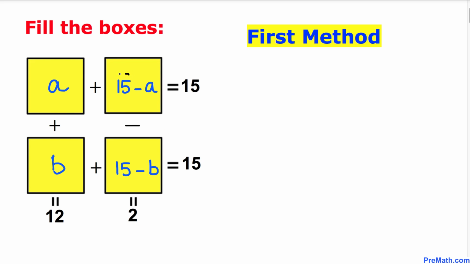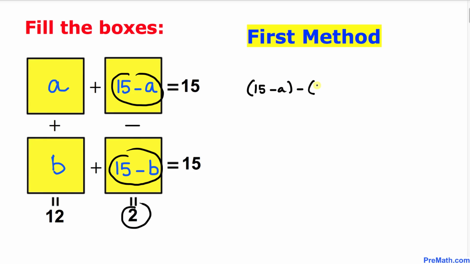And here I'm going to do (15 minus A) minus (15 minus B) has got to be equal to 2. So let me go ahead and write that down. So far so good. Let's take care of these parentheses.